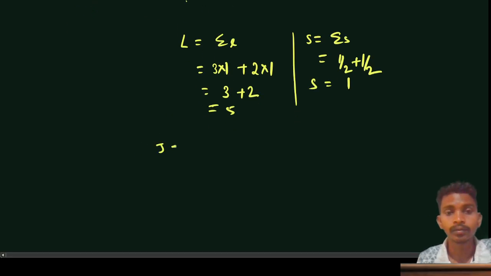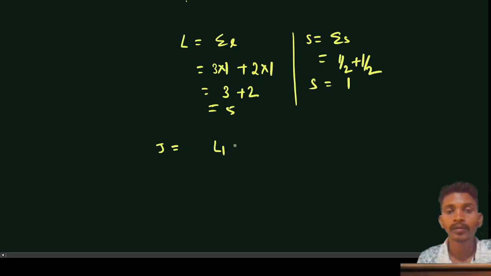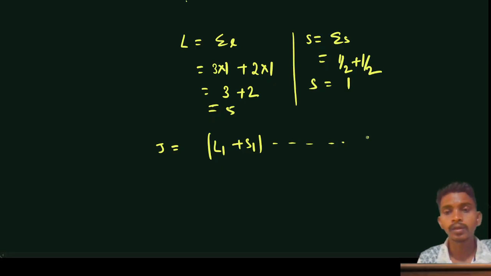And what we know for the J value is L1 plus S1 dot L1 minus S1.